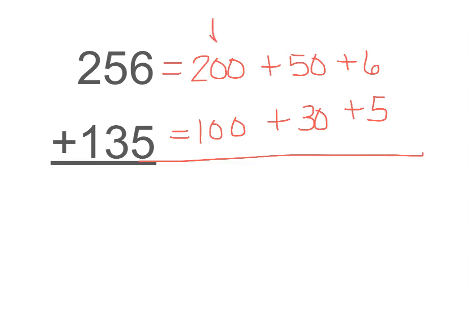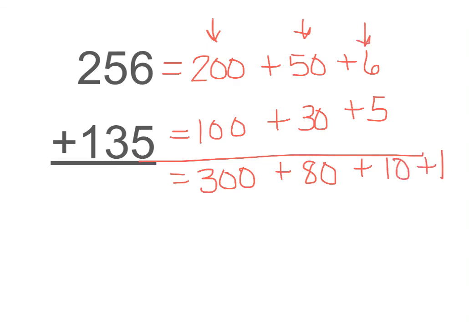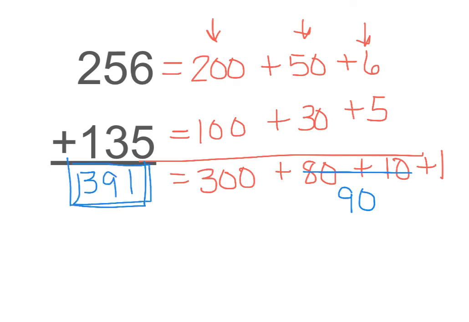Again, you can tell by our hundreds that our answer will be in the 300s because there are not enough 10s to create another 100. And then 6 plus 5 is 10 plus 1. Combine our like terms, so it's 90, 391. Great job today. Keep practicing and we'll come back tomorrow with more.